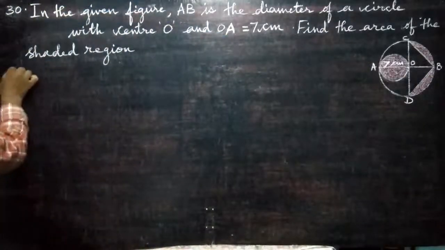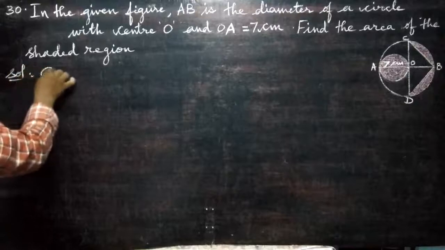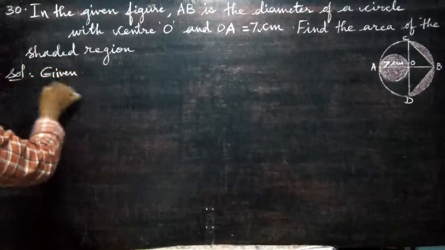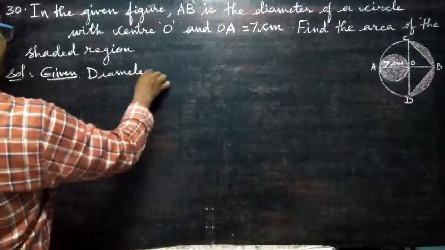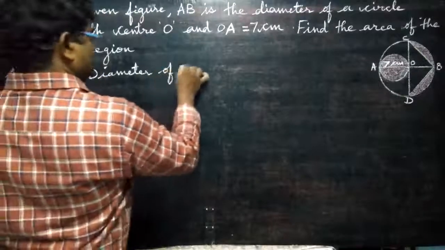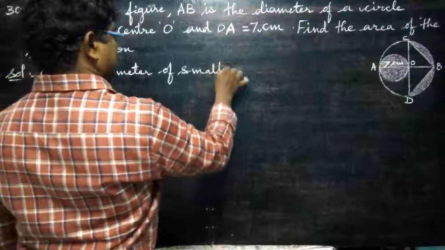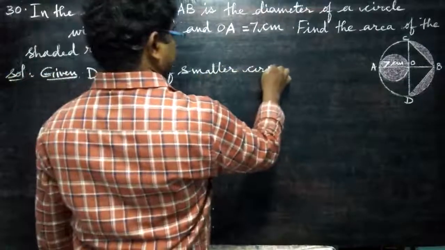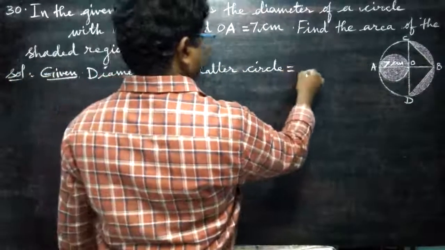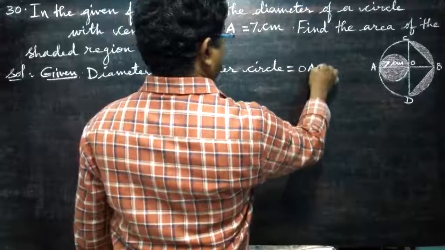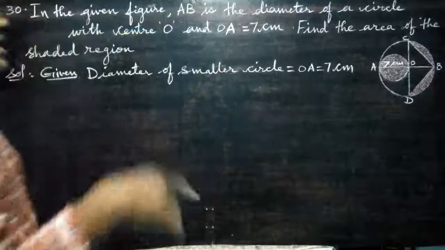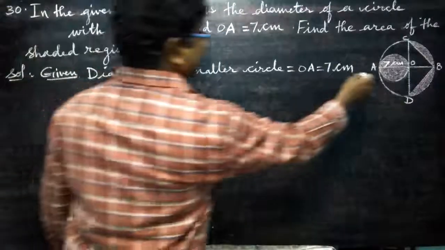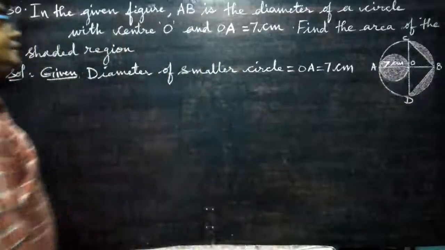Okay. Now solution. What is given? OA is equal to 7 centimeters. That is the radius of the larger circle, but it is the diameter of the smaller circle.